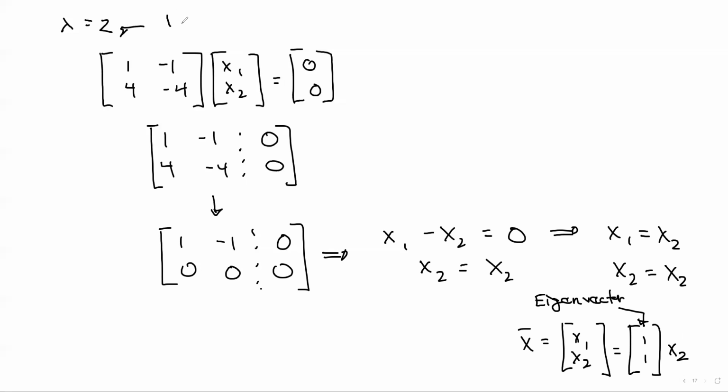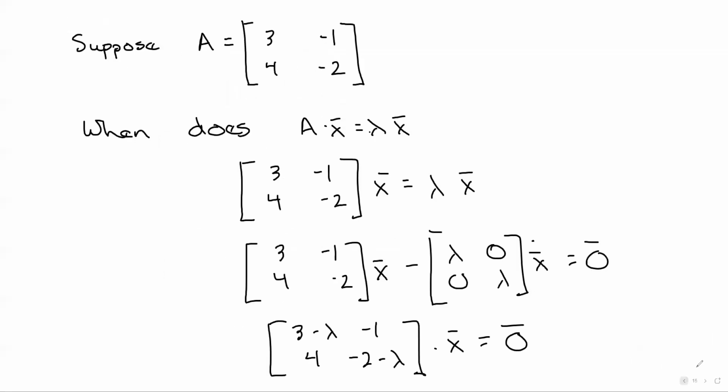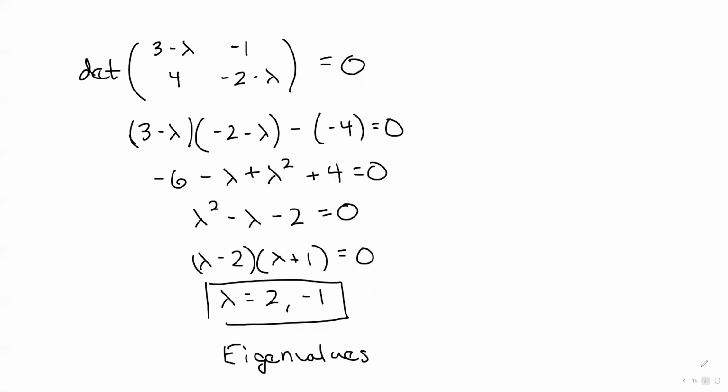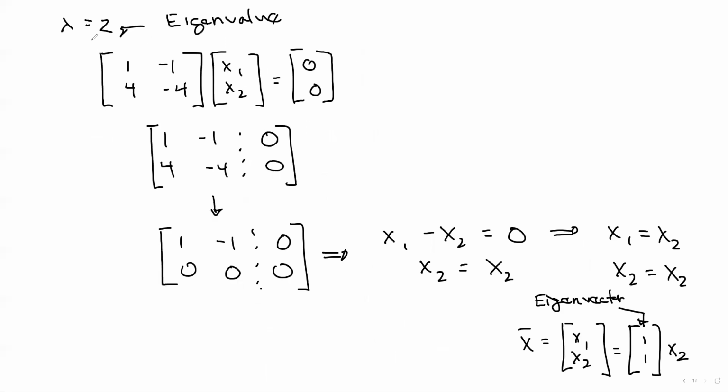If you take the eigenvalue and the eigenvector and plug them into this, it makes it true. When is a times x equals lambda times x? It's true when lambda equals 2 and when x equals [1, 1], or any multiple of [1, 1].